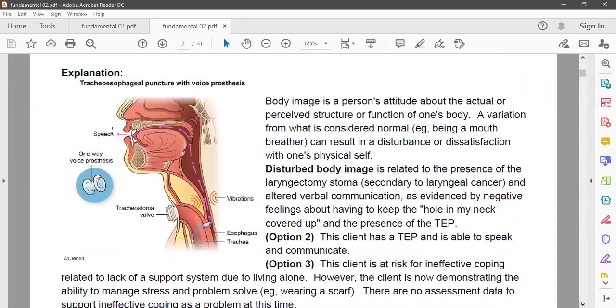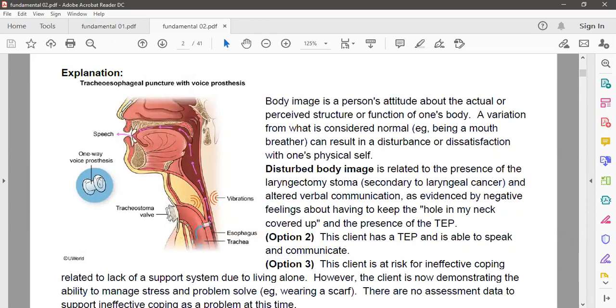So in this picture, we can see the upper respiratory tract, or shortly called ENT, ear, nose, and throat. This is the sinus here, and you can see the trachea in front, and at the back the esophagus, which is the GI. The gastrointestinal system is behind, and in front is the trachea, the respiratory tract.